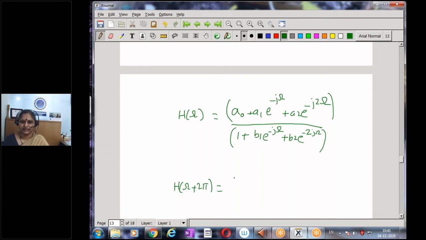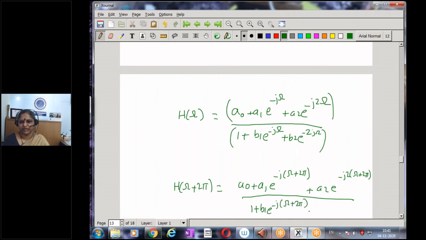I'll get, say my numerator is a0 plus a1 e to the power of minus j (omega plus 2 pi) plus a2 e to the power of minus 2j (omega plus 2 pi), divided by 1 plus b1 e to the power of minus j (omega plus 2 pi) plus b2 e to the power of minus 2j (omega plus 2 pi).